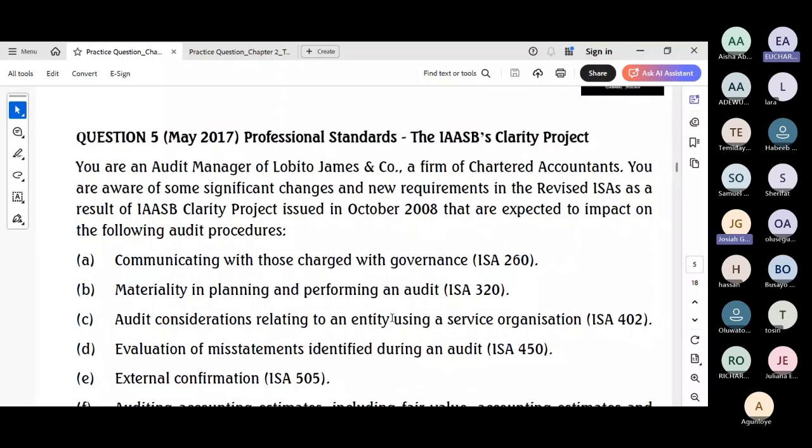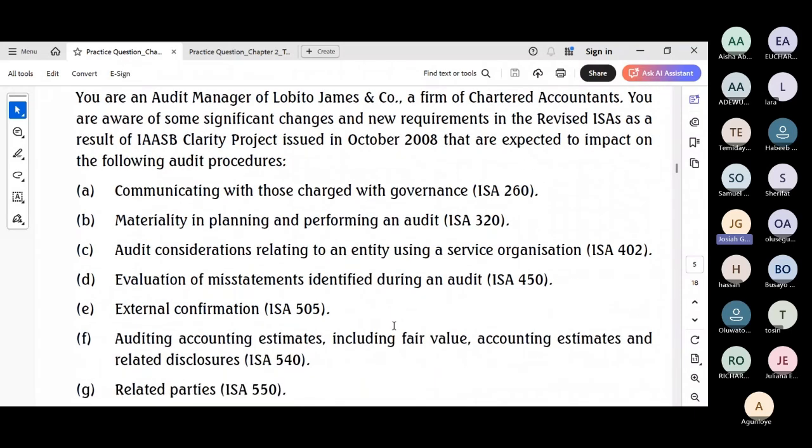All right, so let's go through the question. May 2017, professional standards, the IASB clarity project. So you are an audit manager of Lobito James & Co., a firm of chartered accountants. You are aware of some significant changes and new requirements in the revised ISAs as a result of the IASB clarity project issued in October 2008 that are expected to impact on the following audit procedures.